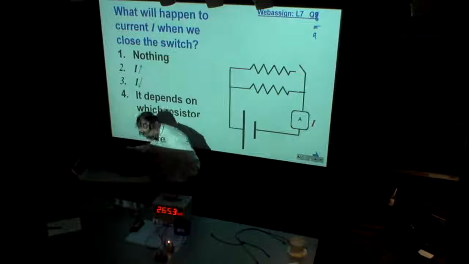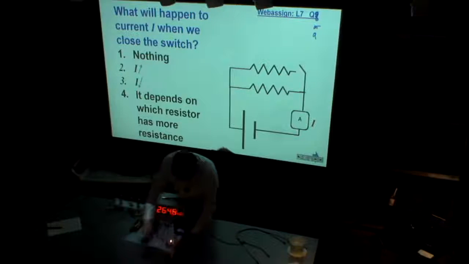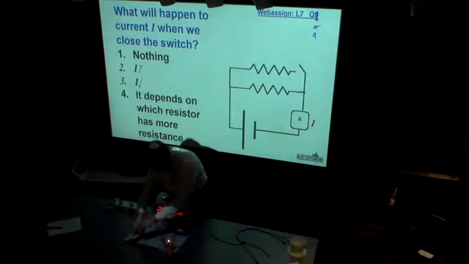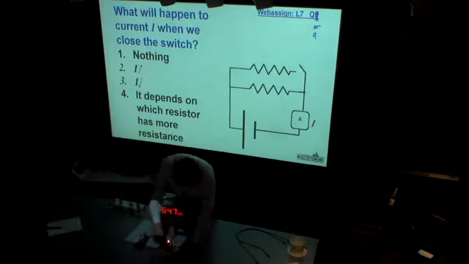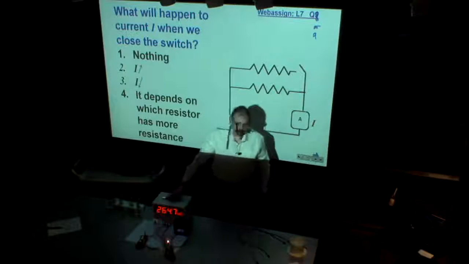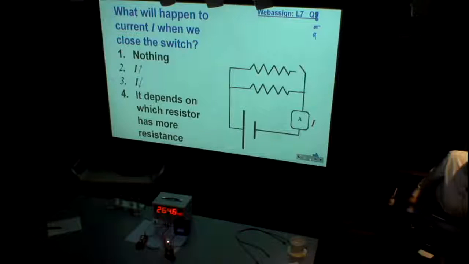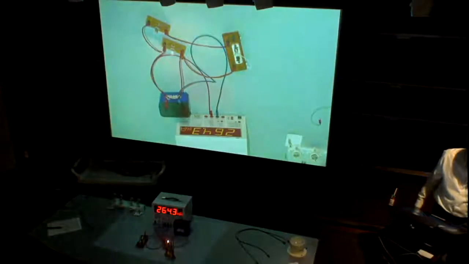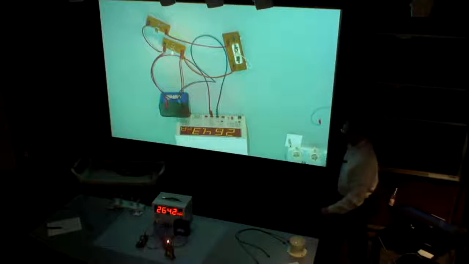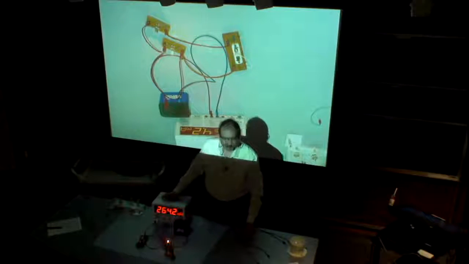This should go to the switch, and from the switch back to this bulb. Oops, I have to open it. When I close the switch, something should happen. Anybody, please tell me, what do you think will happen with this number?